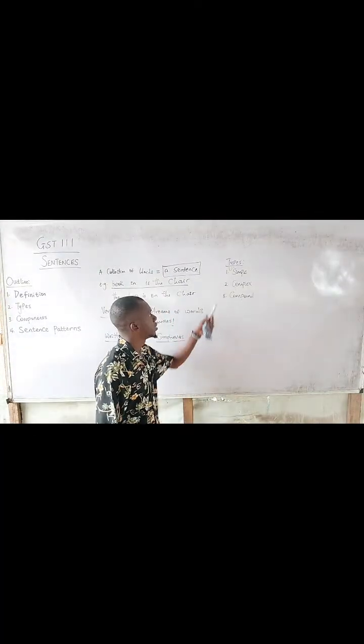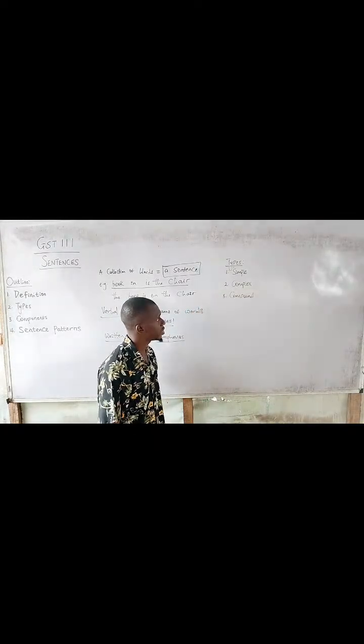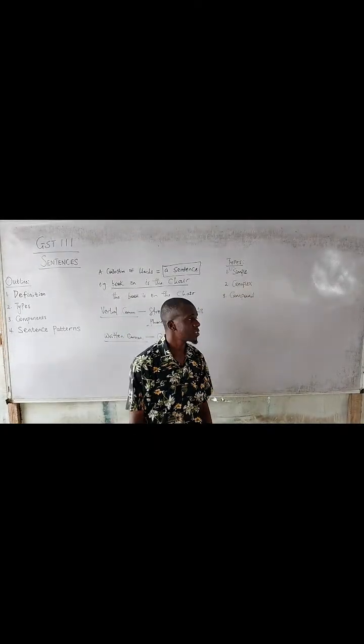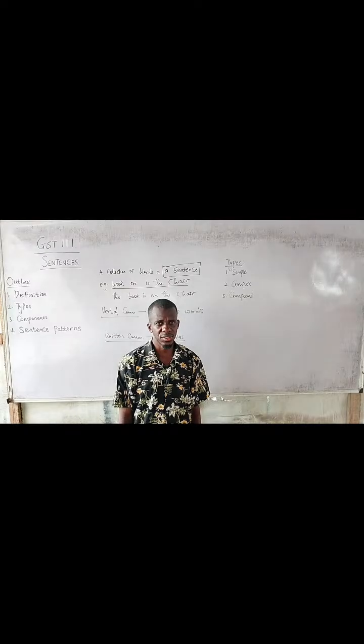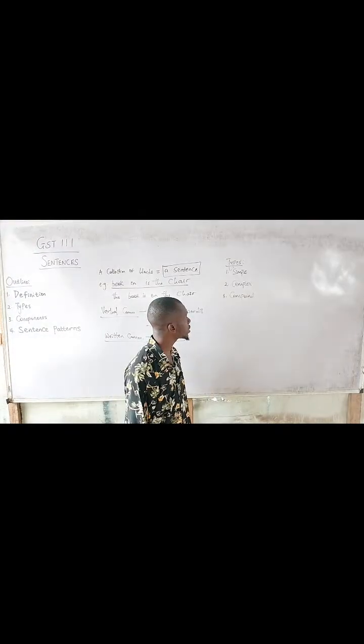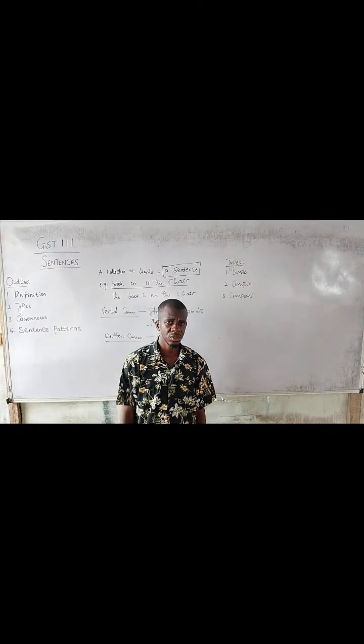We can proceed. There are three basic types of sentences in the English language, and they include the simple sentence, the complex sentence, and the compound sentence. The simple sentence is the simplest of the three forms.